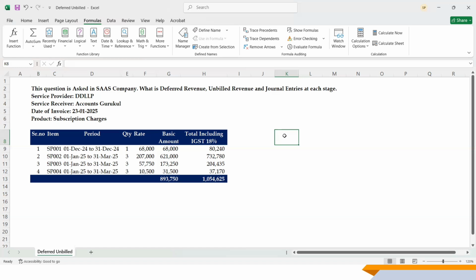Now, the first thing is, what is deferred revenue?